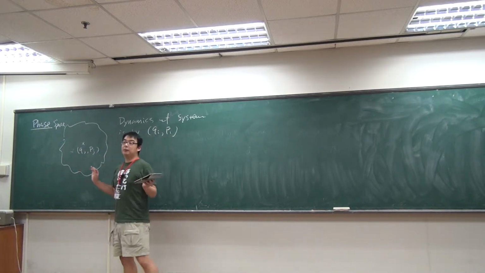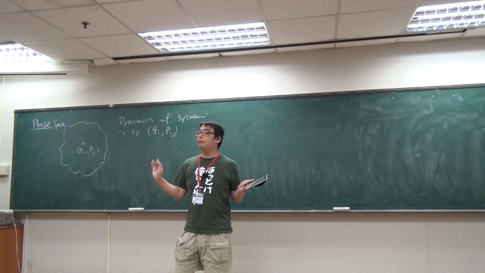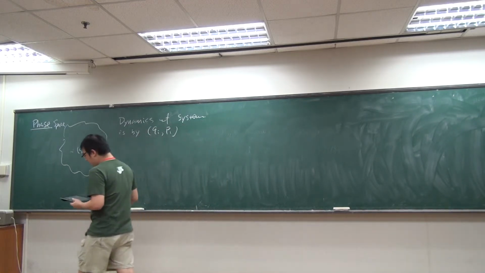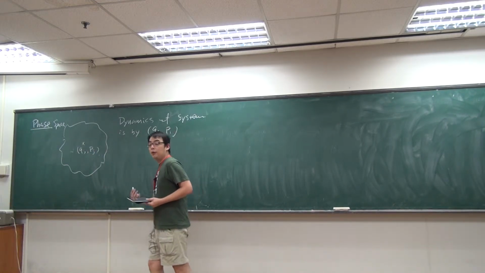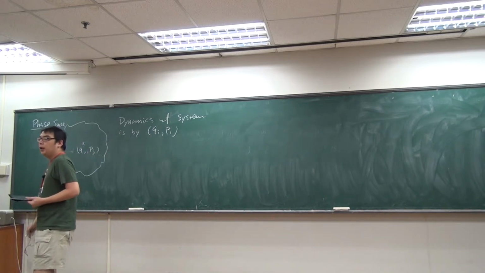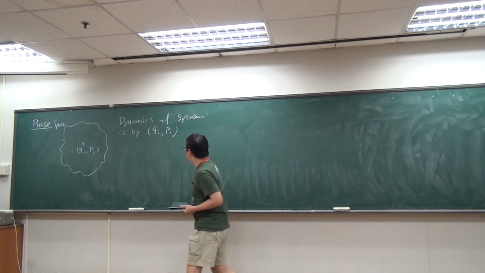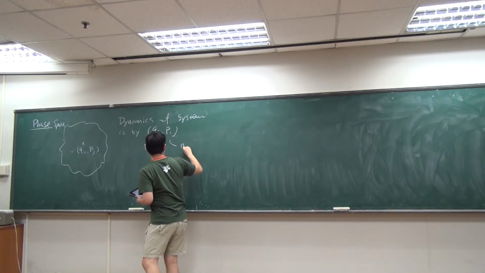Do you all know about phase space, or do I need to briefly explain this? For those of you who don't know phase space, raise your hands. Never heard of it. Okay, fine. It's a very simple idea. In the Hamiltonian formulation of classical mechanics, we describe the system by its position and its momentum.